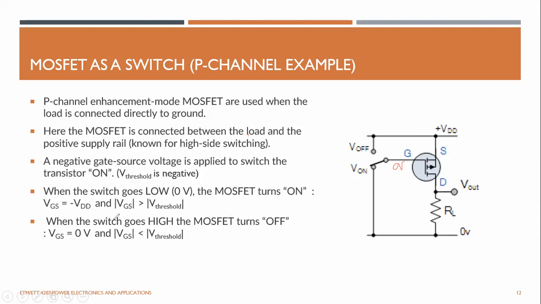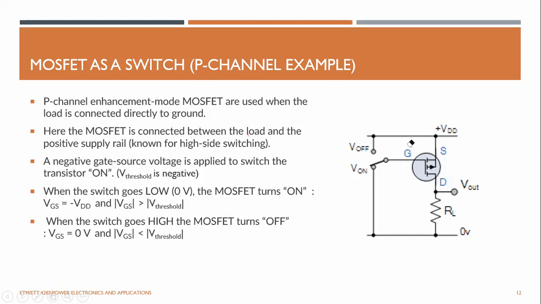That is VGS. VGS is minus VDD, which is beyond the threshold level, because in P MOSFETs the threshold voltage is negative. And this voltage is past the threshold, so the device is turned on. That means when you put this switch to 0, the PMOS is turned on, so the current will flow through this MOSFET to the load, and the load is driven.